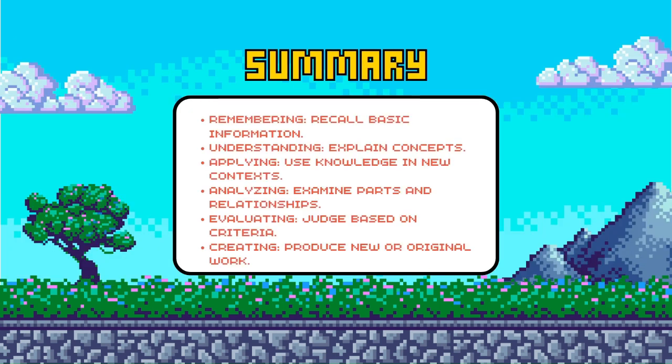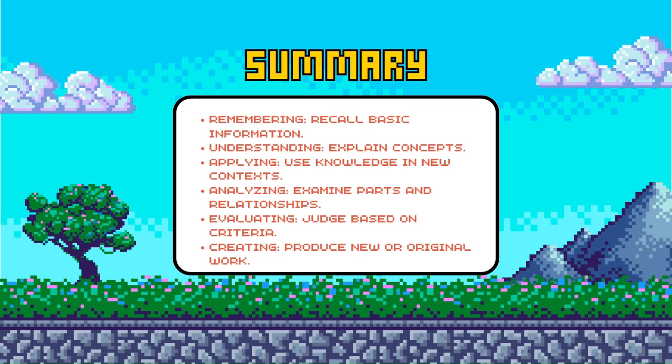So each level in Bloom's taxonomy builds upon the previous one. Every time you go higher, it becomes more difficult, increasing in complexity and requiring more advanced thinking.